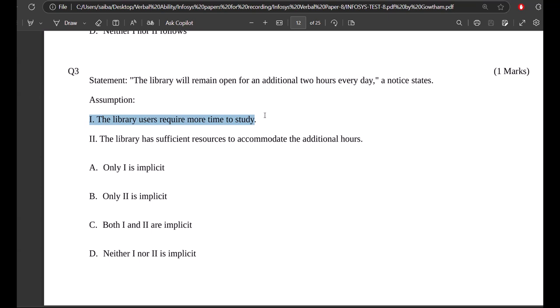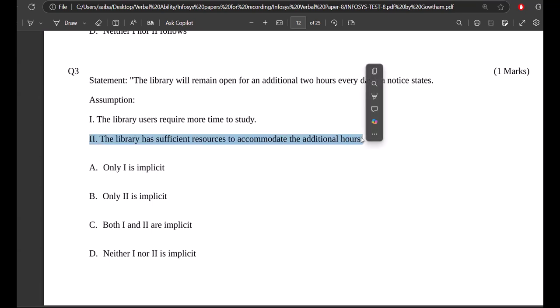The next one is: the library has sufficient resources to accommodate the additional hours.